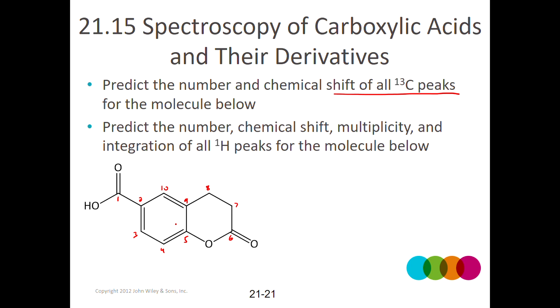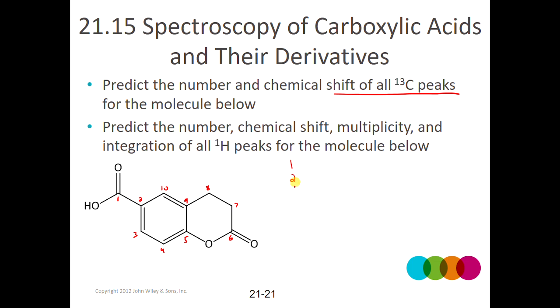But if there were any symmetry, if I could find any two carbons that have the exact same environment due to the molecule's symmetry, then they would only give one signal. Technically they would each give a signal, but they'd be in the same spot, so I'd only see one signal. None of these carbons are equivalent to others. For each one of them, there's some difference in the environment because the structure is not symmetrical.